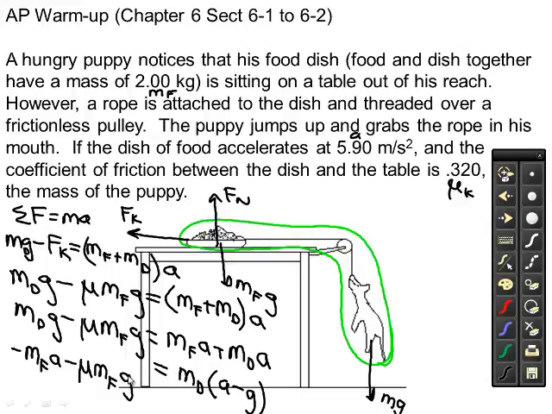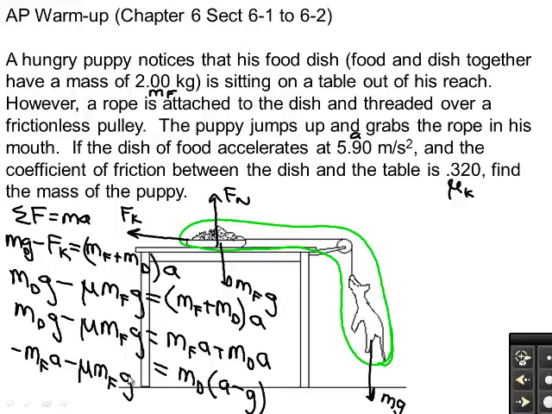All right, so I'm kind of running out of room. Sorry, Claire and Anna. So I could say on this side, I've got m sub f times (a plus mu g).